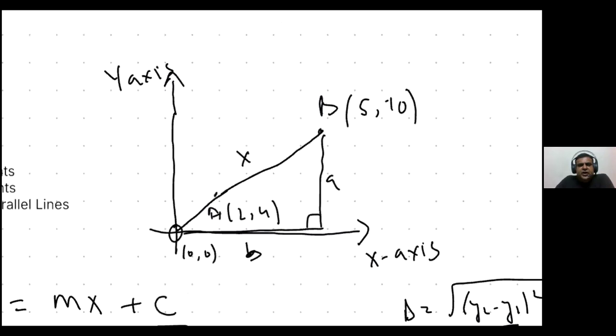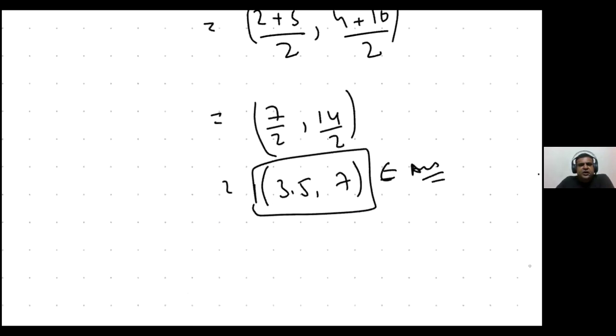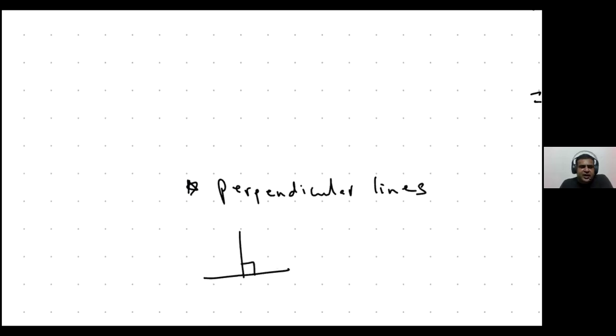All right. So let us talk about perpendicular lines and parallel lines, right? So we have a perpendicular line. If two lines are perpendicular like this, that means they are intersecting, and at the intersection, they are making 90 degrees.